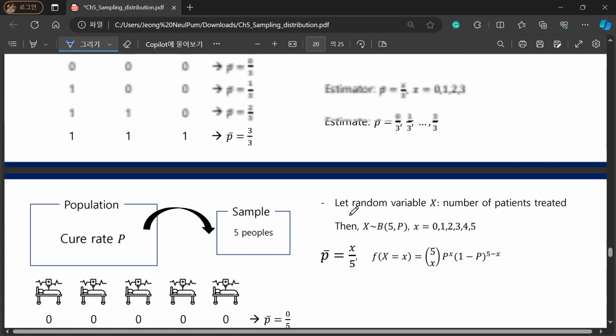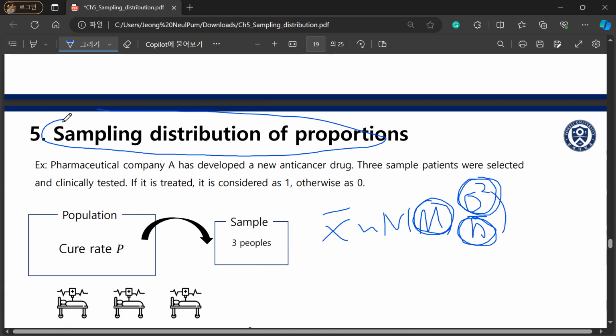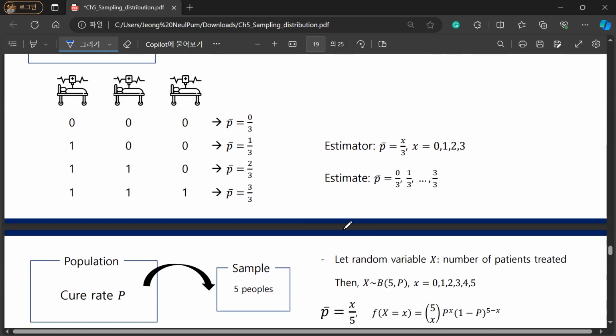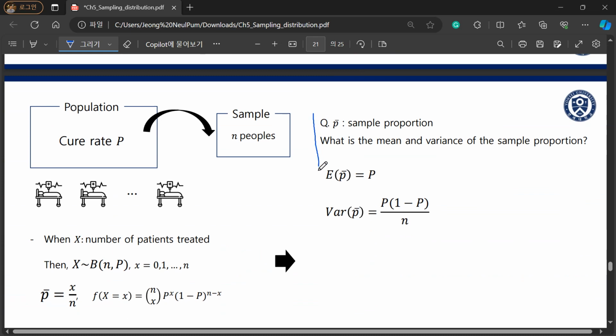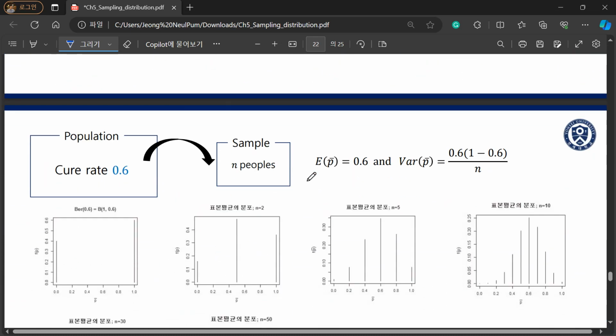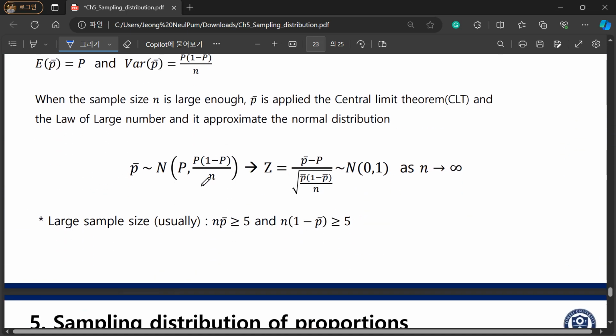However, when you are dealing with the sampling distribution of proportion, which is the sample proportion, you have to make sure that it follows this distribution. It is also a normal distribution, but with different parameters.